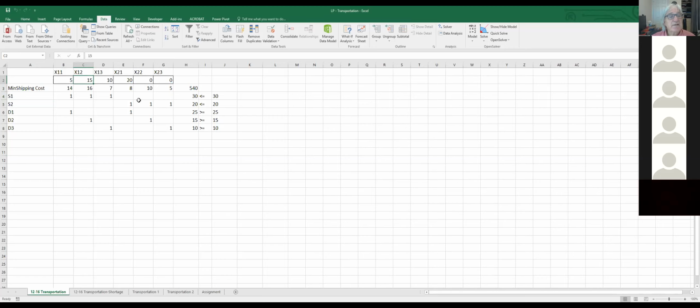But you see, from source number 2 to demand point number 2, none. And from source number 2 to demand 3, none. From source number 2, 20 units to demand 1. That's the only demand point that is getting units from source number 2. That's what it tells you.